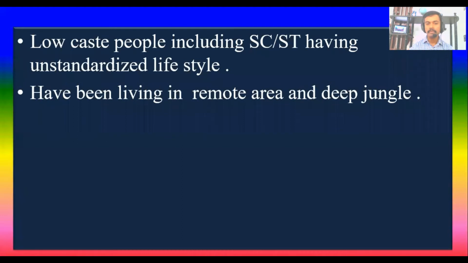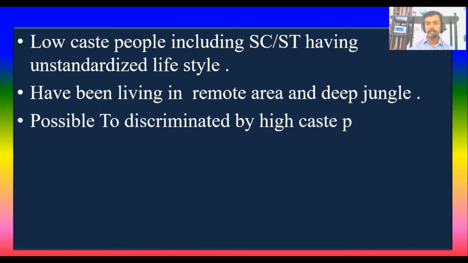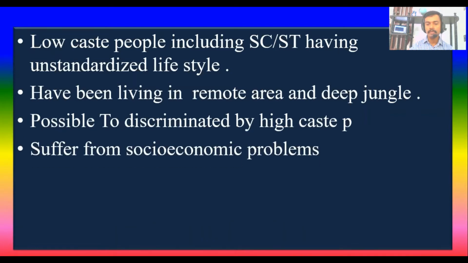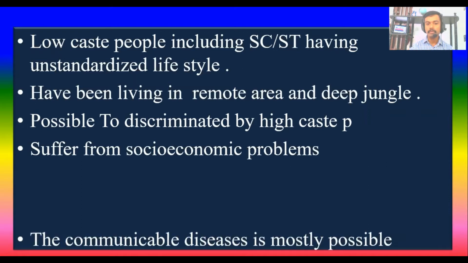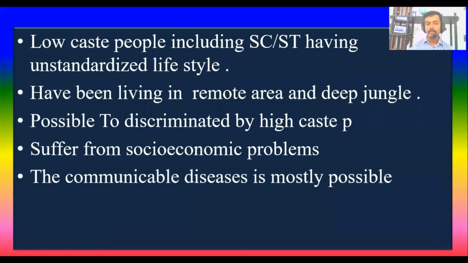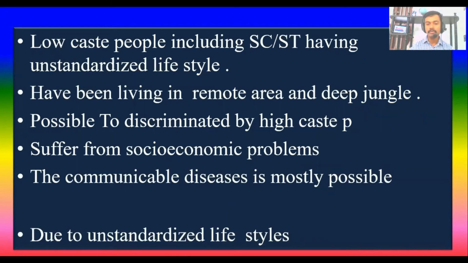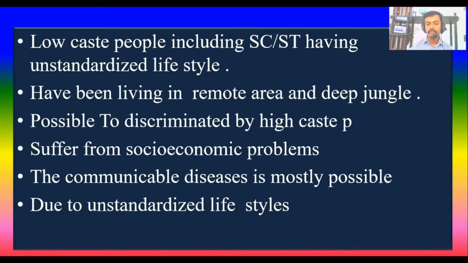Low caste people, including SC and ST, have an unstandardized lifestyle, living in remote areas and deep jungle, and are possibly discriminated against by high caste people, suffering from socio-economic problems. Communicable disease is most likely due to the unstandardized lifestyle.